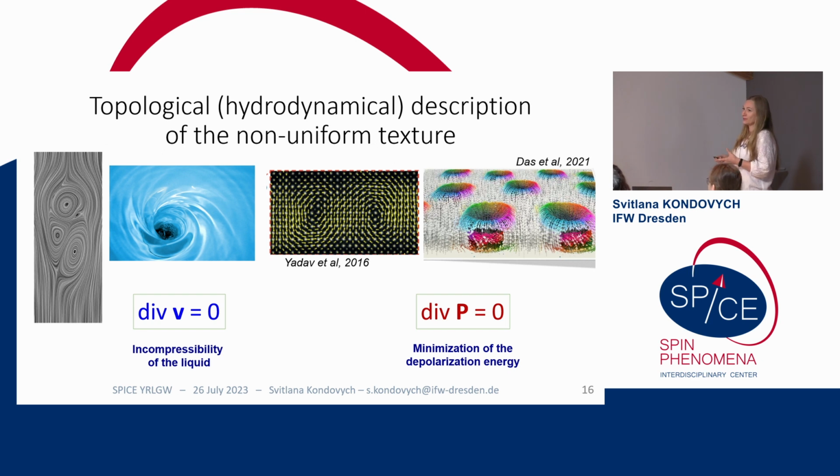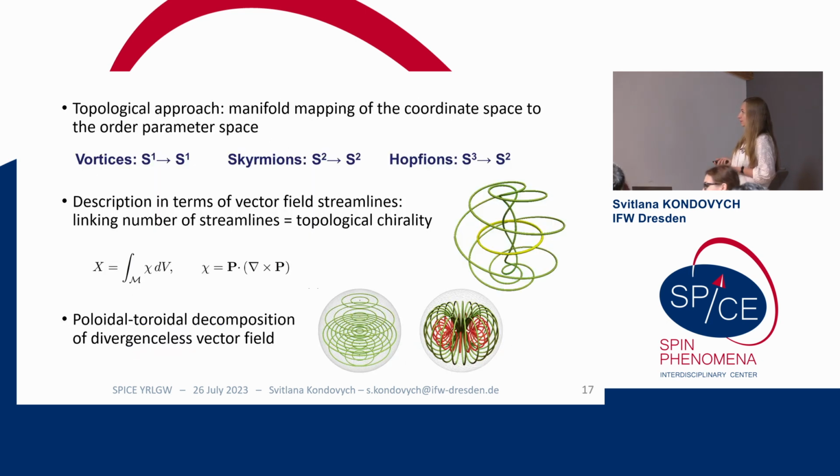So now it looks similar. We just consider our textures, our vector fields, as streamlines, linking somehow, filling up the space that they have due to the geometry and confinement of the material. And we adopt these hydrodynamical descriptions for our vector textures.